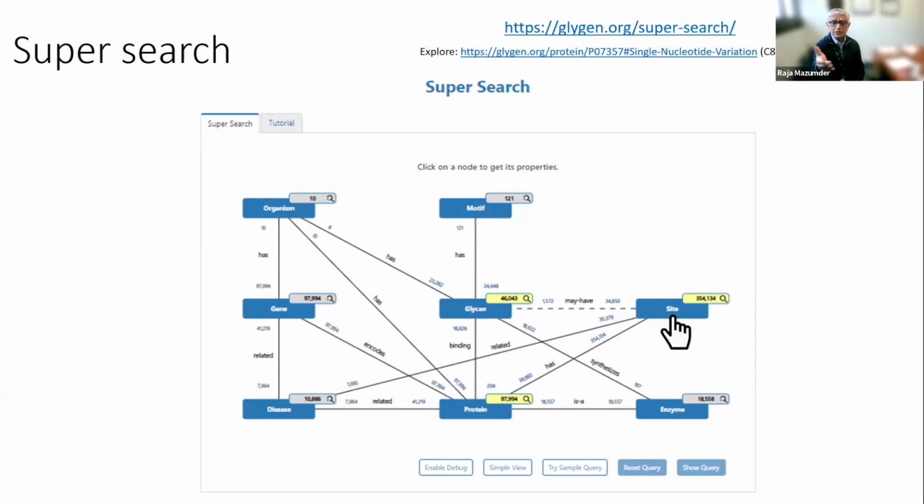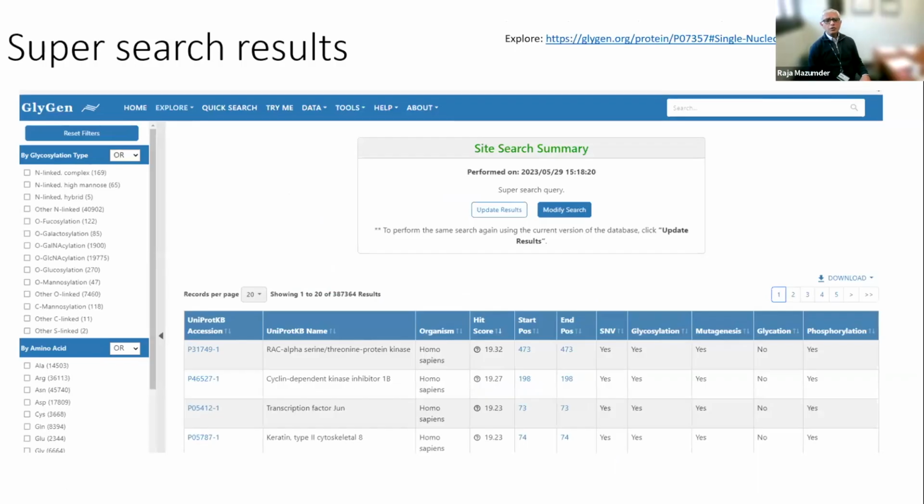And you can click on these different boxes or different search images or these lenses, and you can get results like the previous table that I showed you earlier. So when you click on one of them, you will get a result like this. So you will have a super search result.